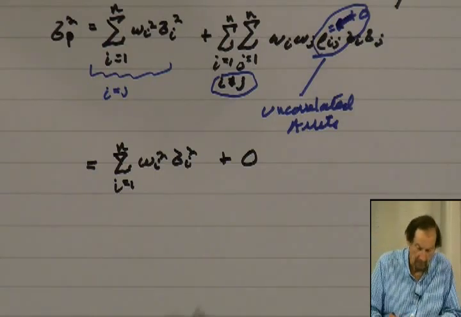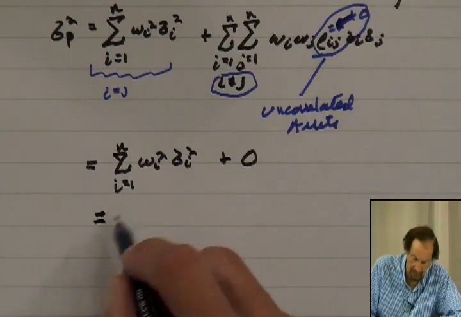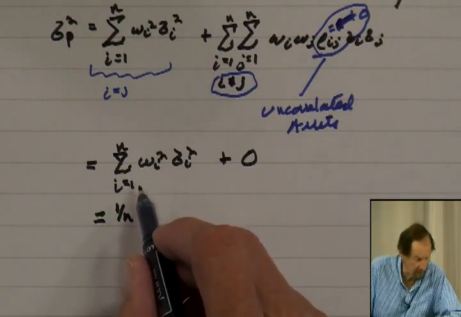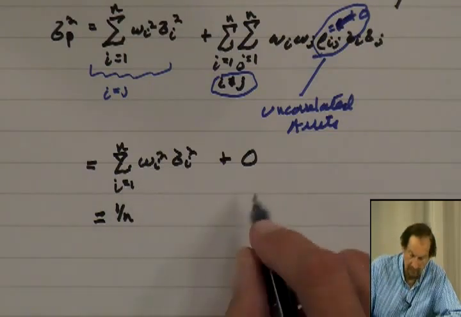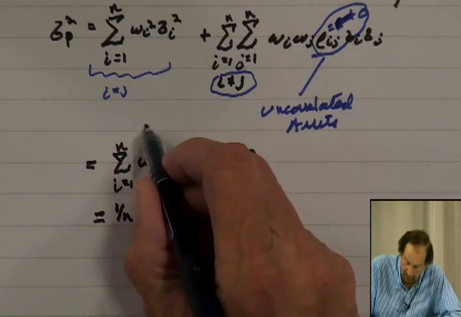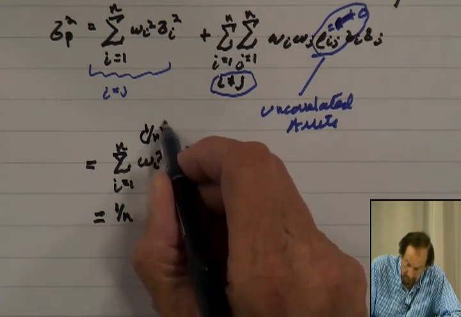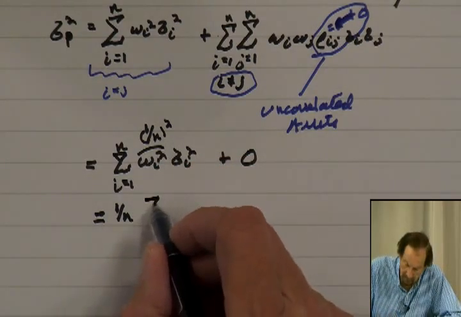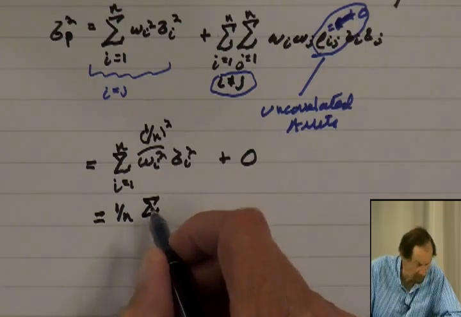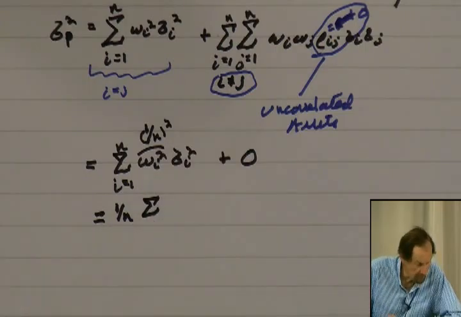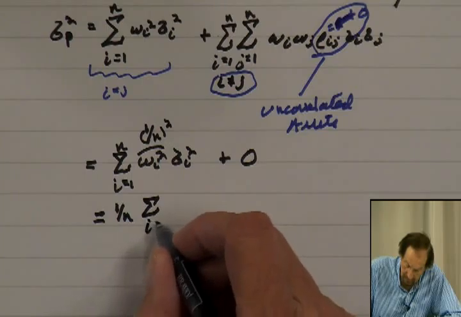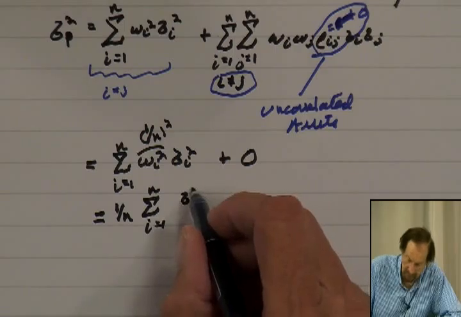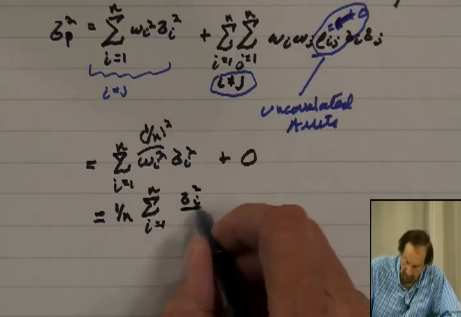And so we can express this as 1 over n, because this is 1 over n squared, right? Here, times the sum, i equals 1 to n, of sigma_i squared over n.